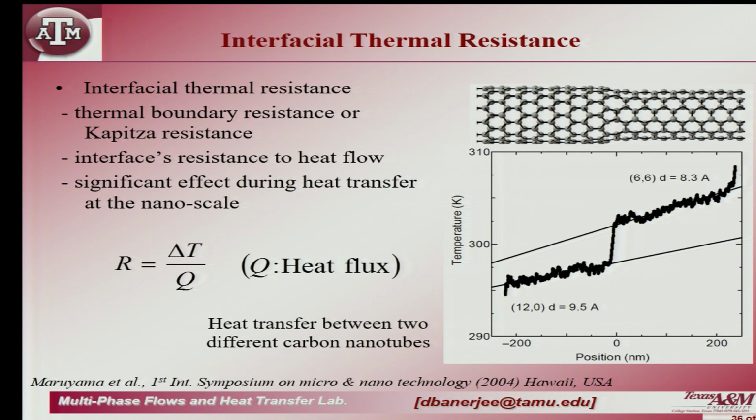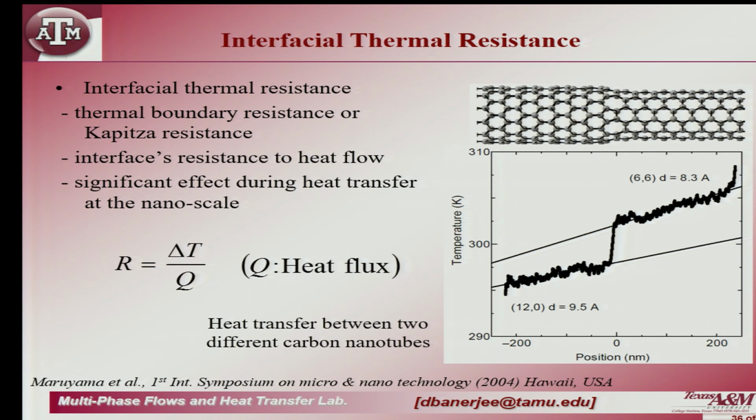So, there is a loss of temperature, going from this part to this part. So, this is my higher temperature tube, this is my lower temperature tube, and there is a jump. And so, there is an equivalent resistance which is voltage divided by current. Heat is the current, temperature is the voltage that is driving the current, and so this resistance is your interfacial resistance or Kapitza resistance. Okay.